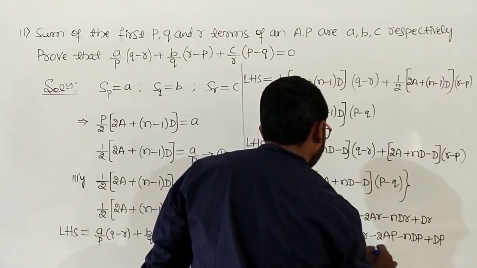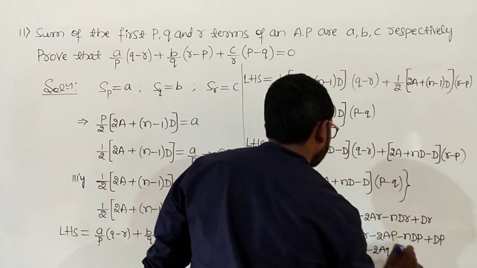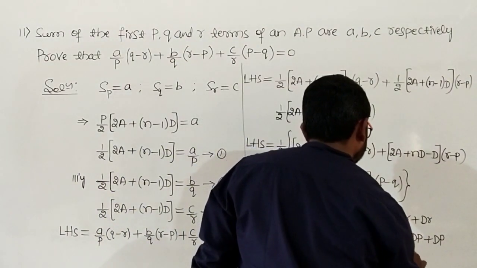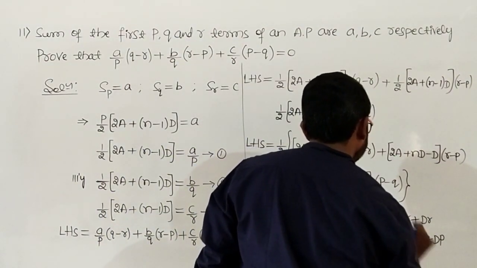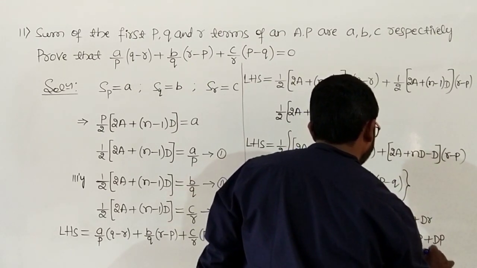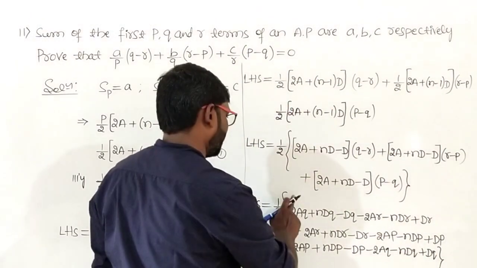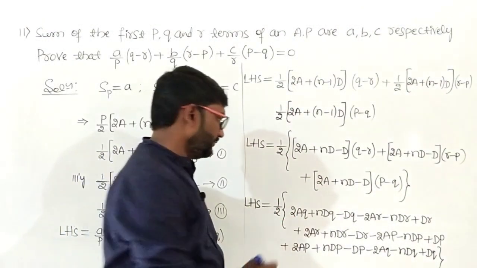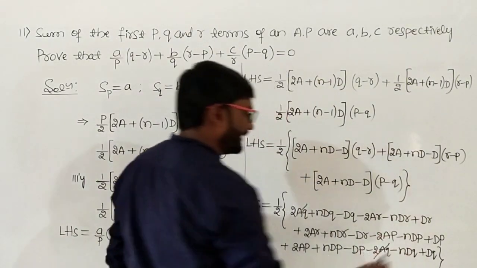Now multiply minus q with all the three terms. You get minus 2aq, and then minus ndq, and then minus into minus plus dq. Close the main bracket, and then here plus 2aq and minus 2aq get cancelled.